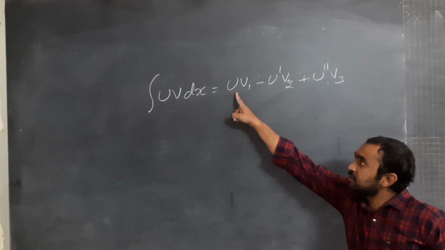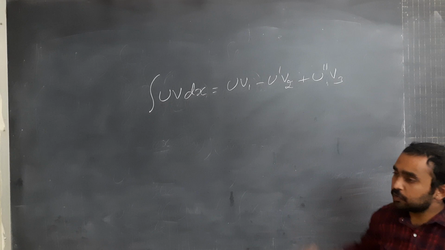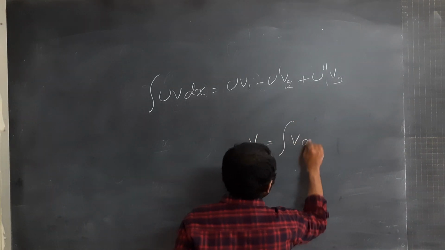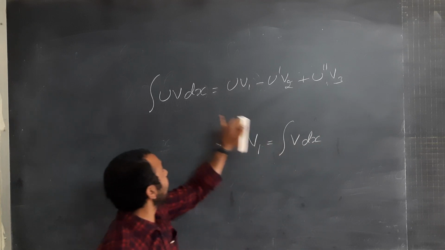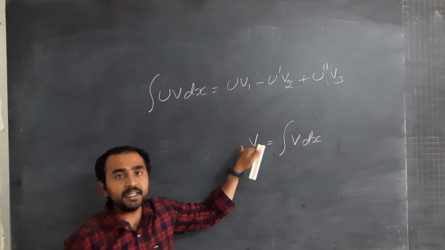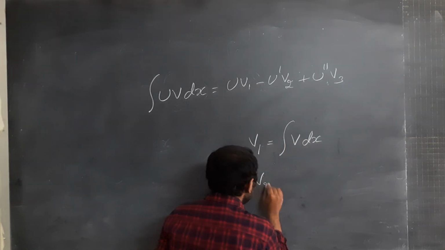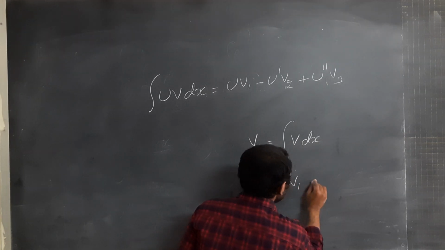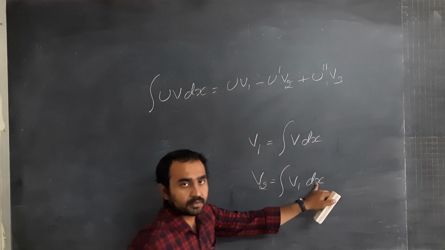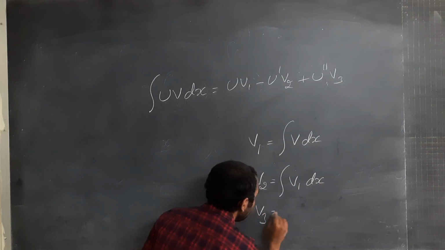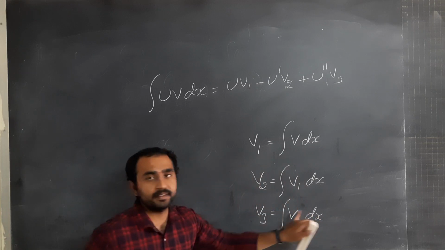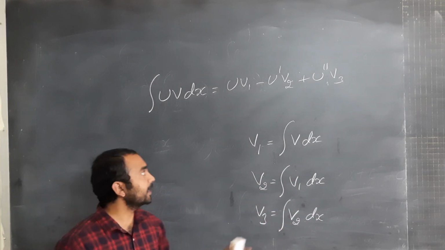Here u is the given function, and v1 means the integration of v. If we integrate v with respect to x, we get v1. If we need v2, we integrate v1 with respect to x. If we need v3, we integrate v2 with respect to x.